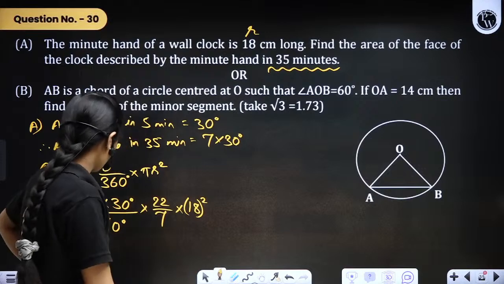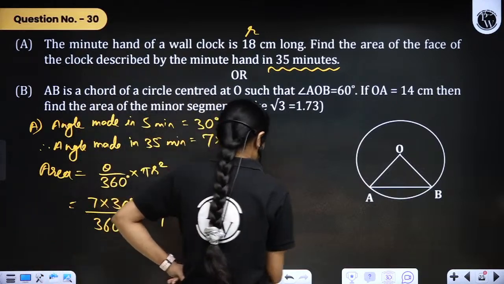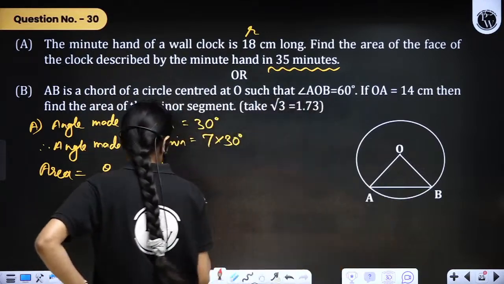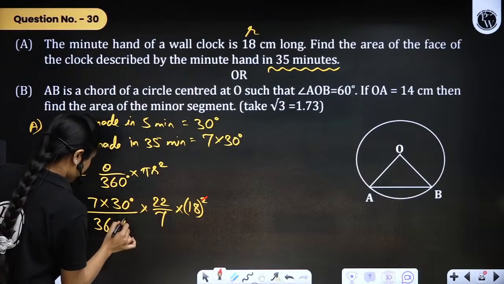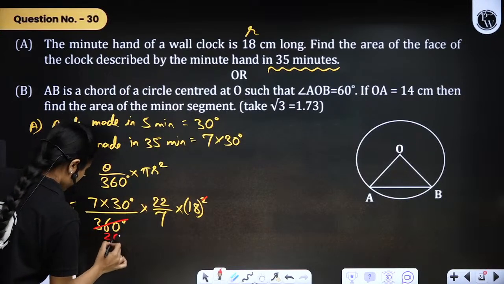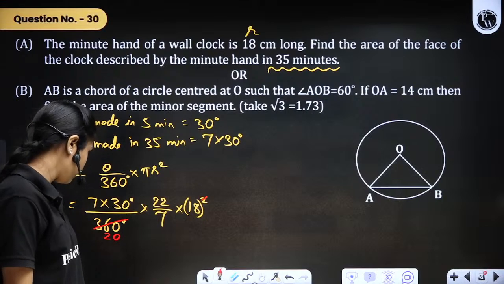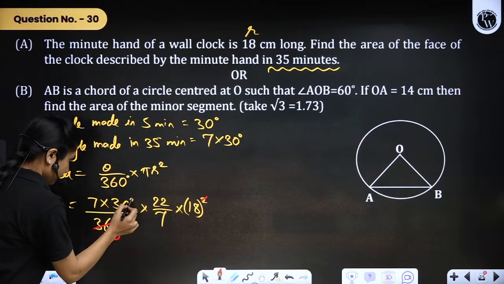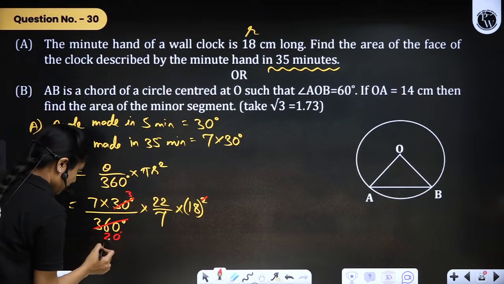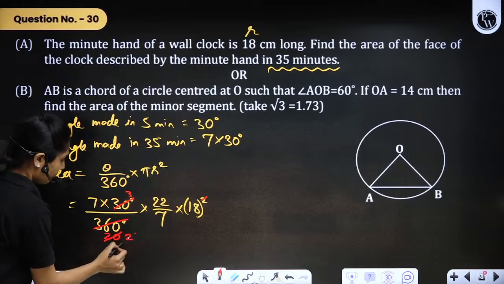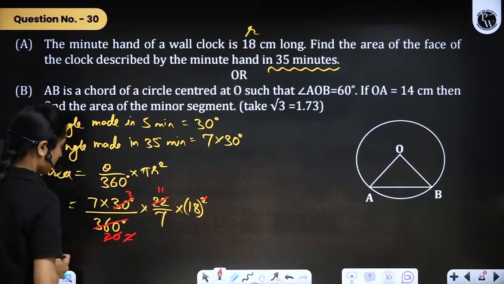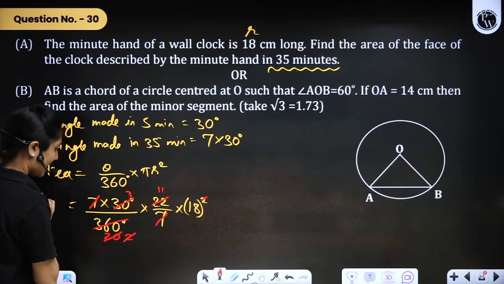Let's simplify it further. 3 and 2, 2 and 11. 7 and 7 got cancelled.